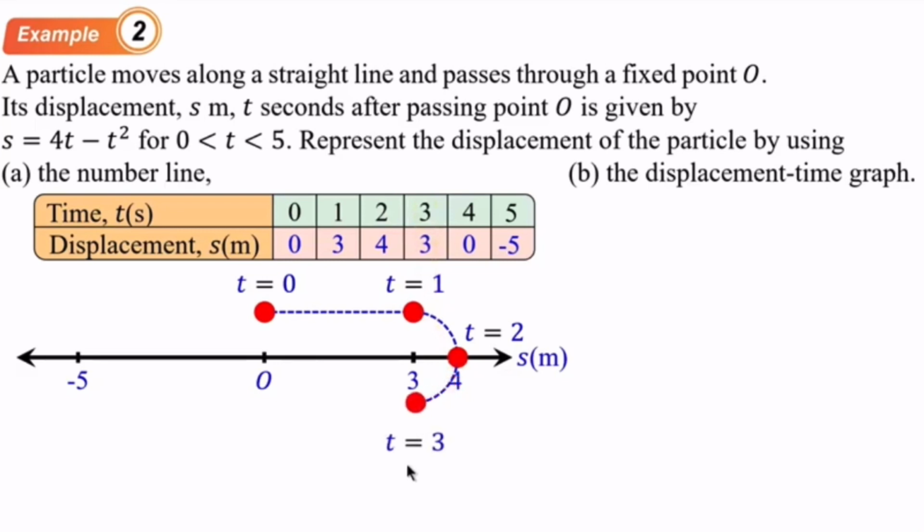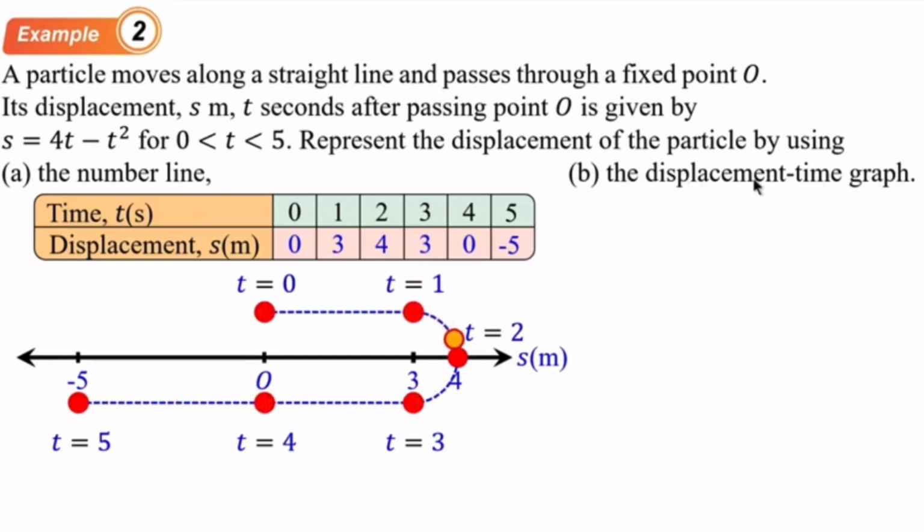Now at t equal to 4, the particle passes through the fixed point O, and then it goes to the left, to negative 5 meter, 5 meter to the left when t equal to 5. So that is the instantaneous displacement of the particle from t equal to 0 to 5. It shows how the particle moves.